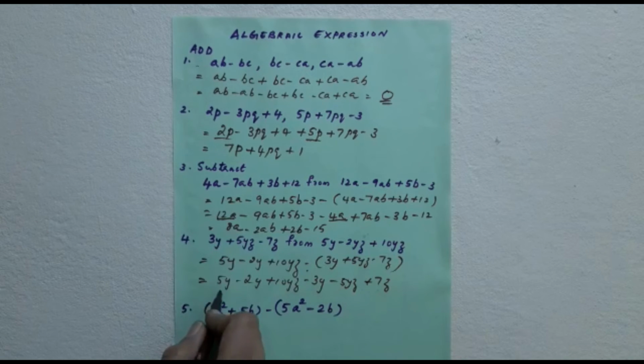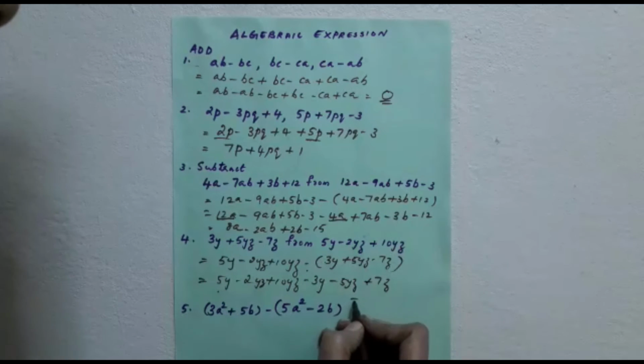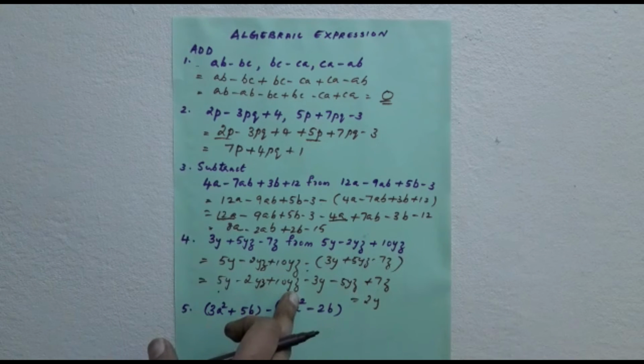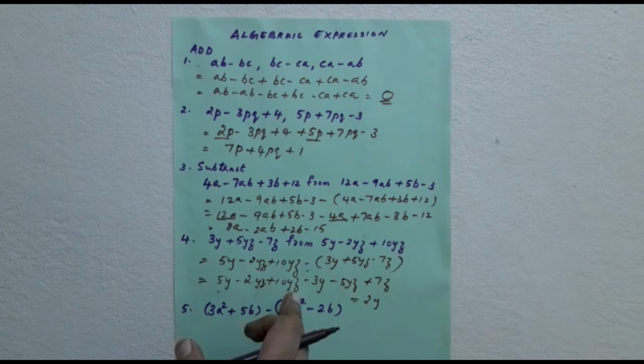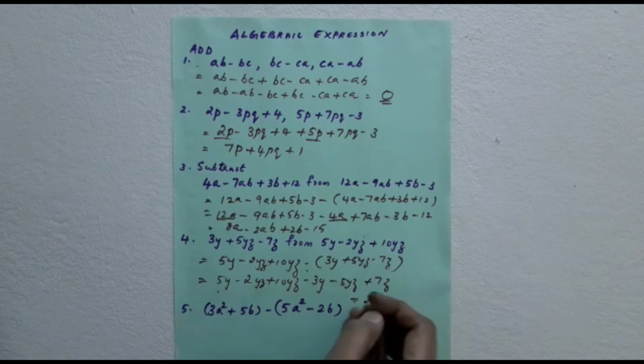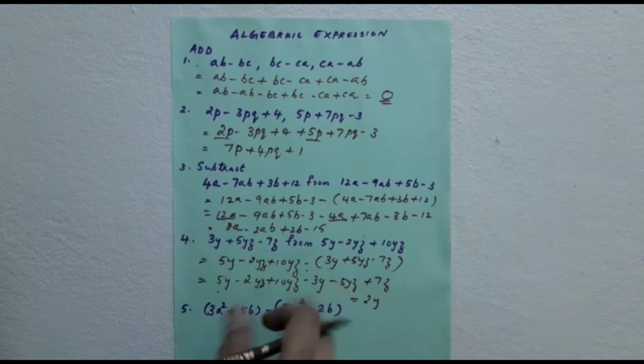The like terms here are 5y and minus 2y, and 5y minus 3y, so the answer is 2y. Then minus 2yz and plus 10yz, and also minus 5yz.